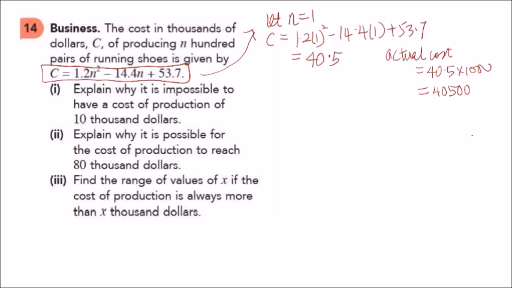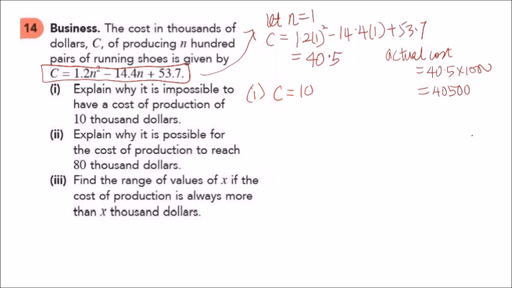Okay, so for part 1, we need to explain why it is impossible to have a cost of production of $10,000. If the value for C is $10,000, but because C is measured in $1,000, we can't put 10,000.